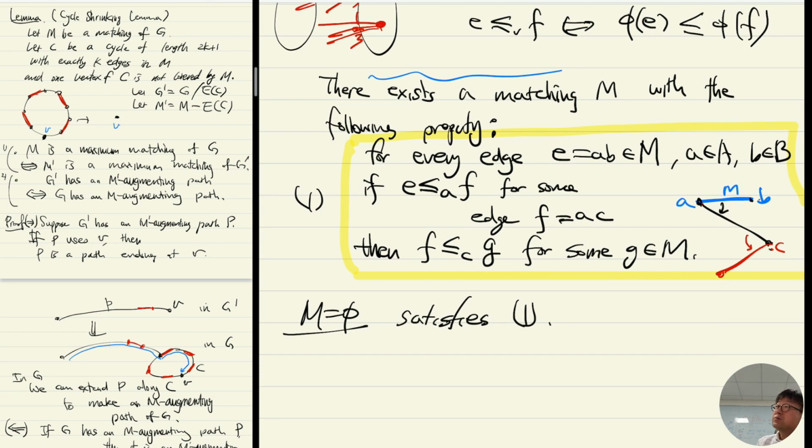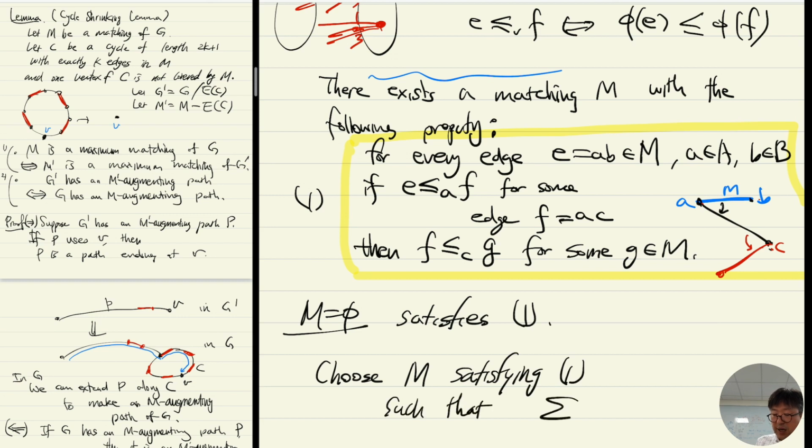Now among all matchings, you choose M such that the sum of these edge values is maximum.